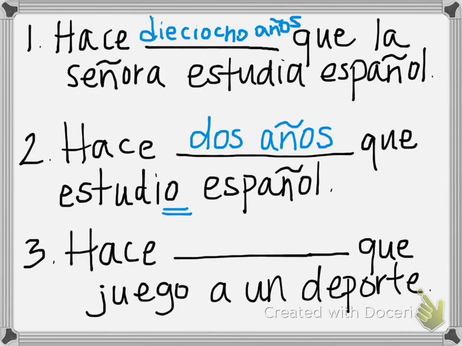So how long have you been playing a sport? I'm guessing a lot of you have been playing for a while. But let's say that you've only been practicing for maybe a few months now. Let's say 3 months: hace 3 meses que juego a un deporte. So, I have been playing a sport for 3 months.